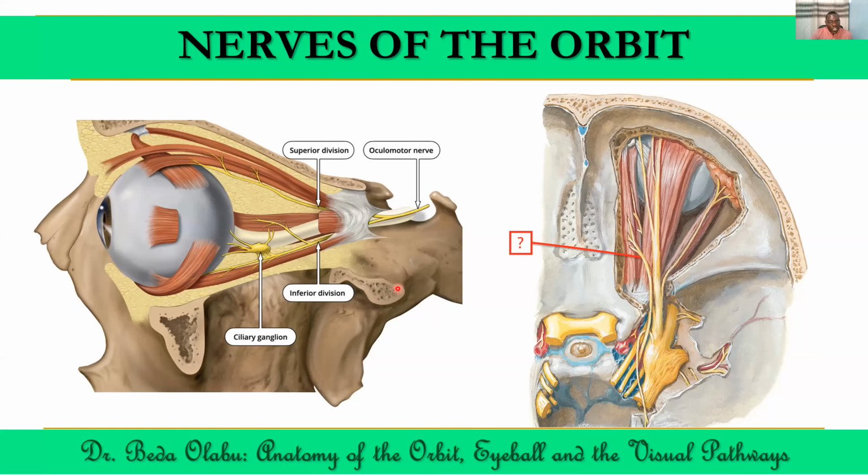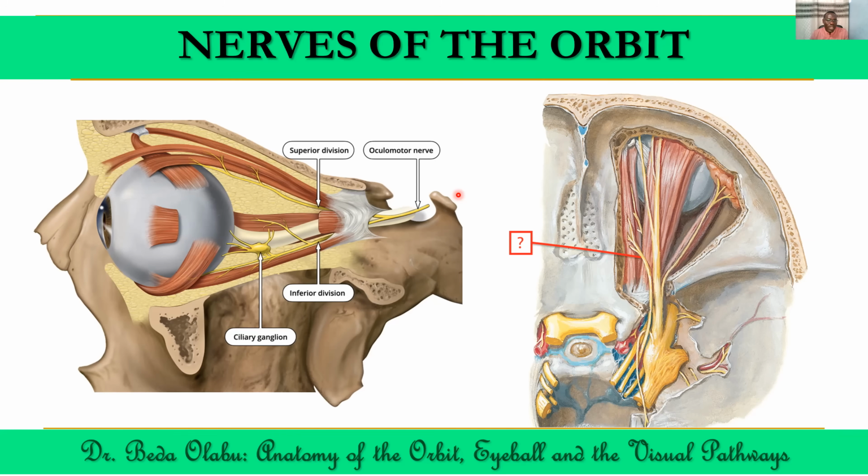The other nerve to talk about is the oculomotor nerve. The oculomotor nerve arises from the brainstem via 2 nuclei from the midbrain. We have the motor nucleus of oculomotor that carries general somatic efferent function to the extraocular musculature. But we also have the Edinger-Westphal nucleus, otherwise known as the accessory oculomotor nucleus, that carries preganglionic parasympathetic fibers, again to the eye.